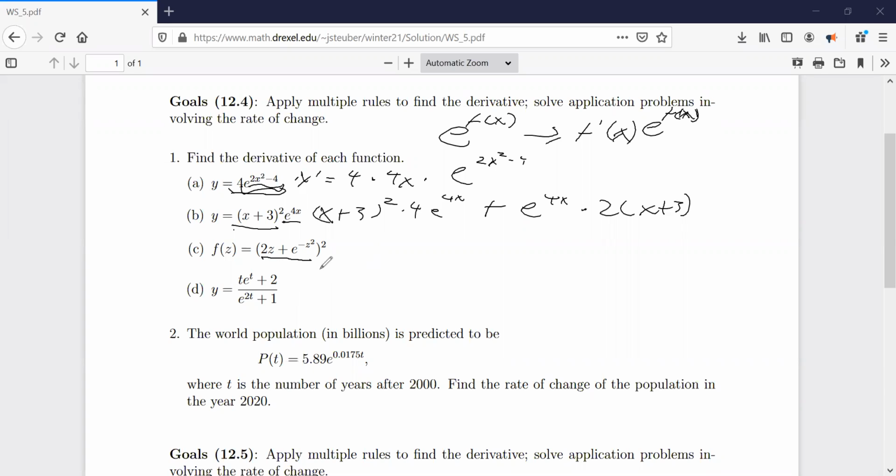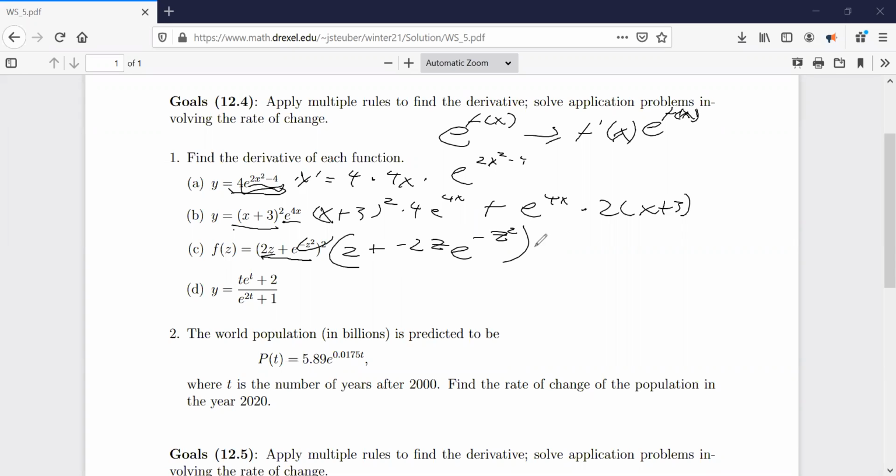Okay, so this again is actually going to be kind of a nested chain rule. So the derivative of the inside is going to be 2 from the 2z plus negative 2z from the derivative of the top here times e to the negative z squared.